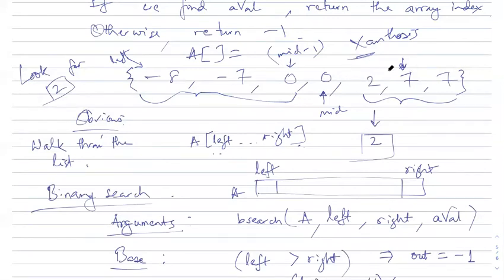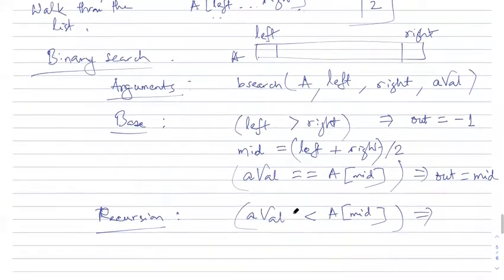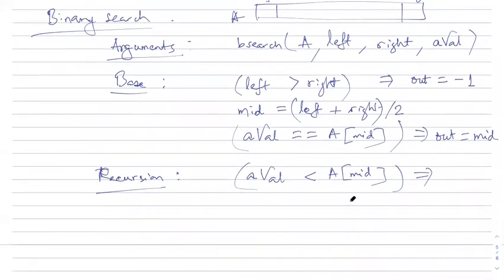And what is this on the right hand side? If it is greater than, then we are looking up from mid plus 1. So this is representing mid plus 1, right? And this one is representing right? So that's where we are looking for, correct? So if on the left hand side we have to go, then we would be writing out is equal to b search.